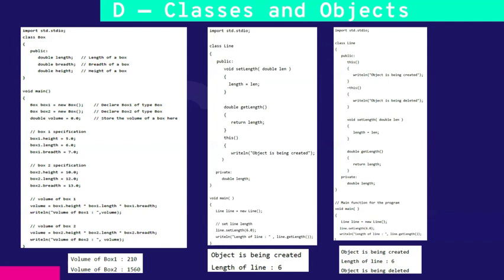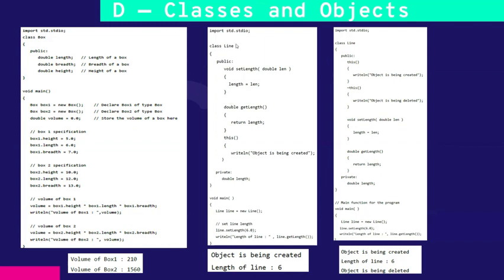Similar to C++, D has a constructor and destructor too. The declaration of constructor and destructor is similar to C++. Here we see how to declare a constructor, but actually it's not quite similar. There is a difference from C++.